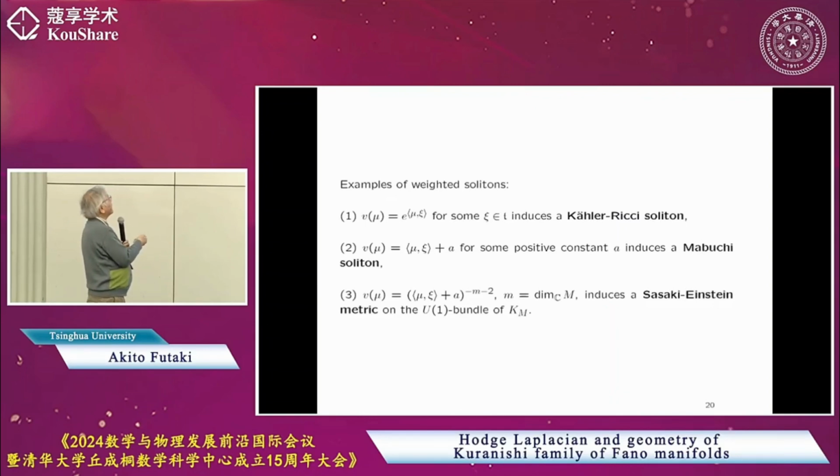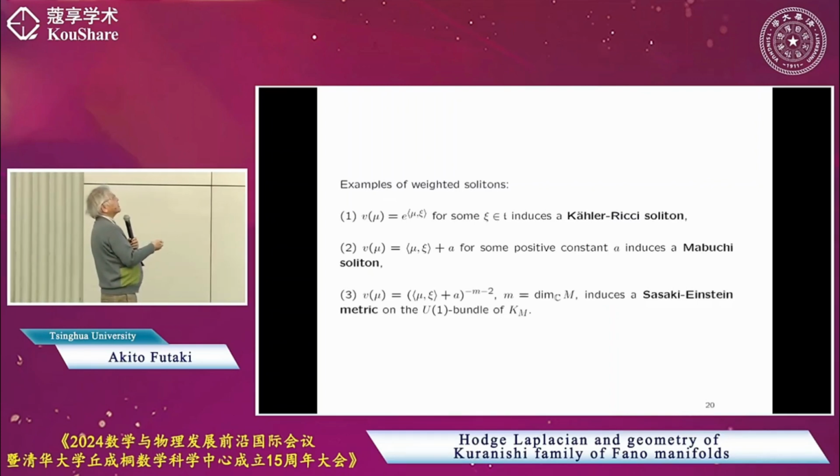And if you take V to be the linear function plus A for some positive constant A, then the weighted soliton is something called a Mabuchi soliton.